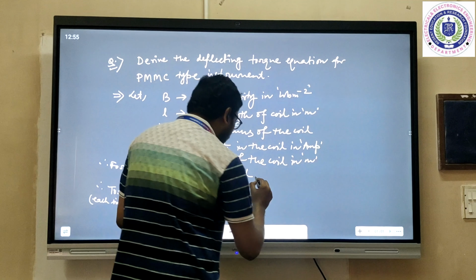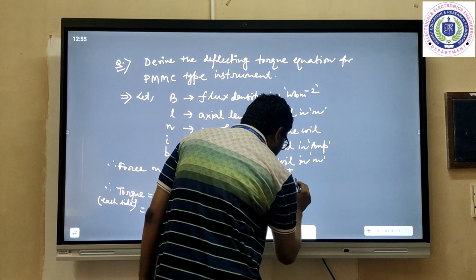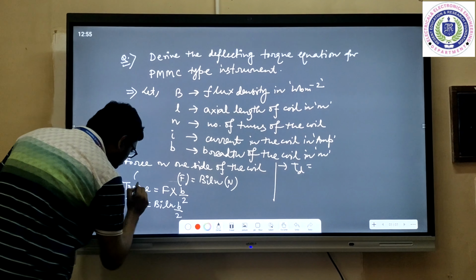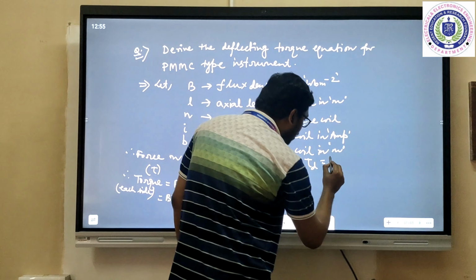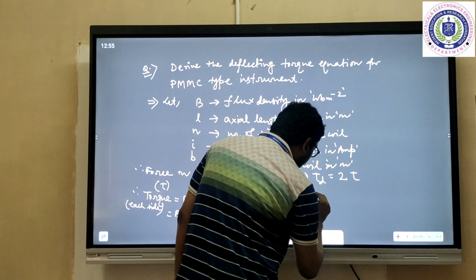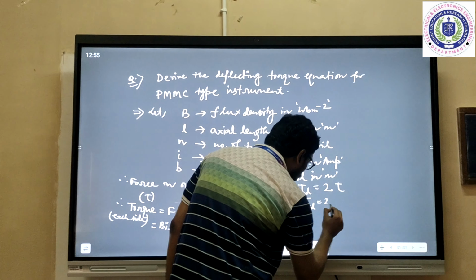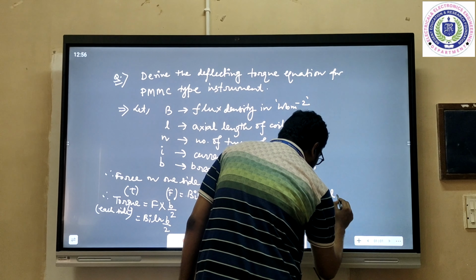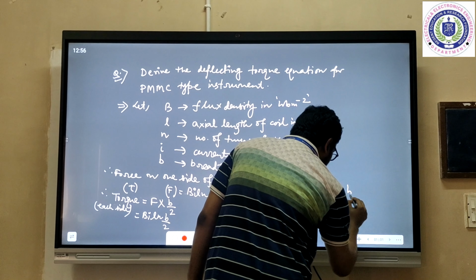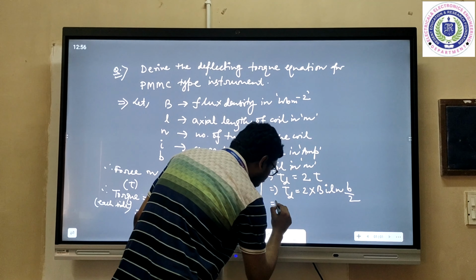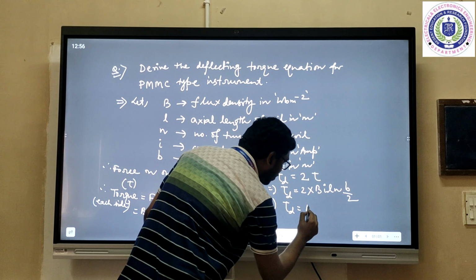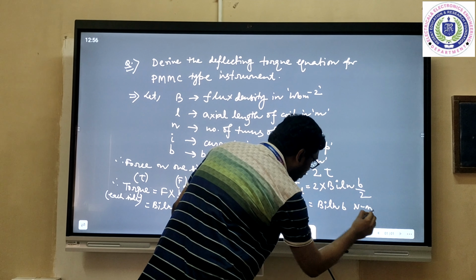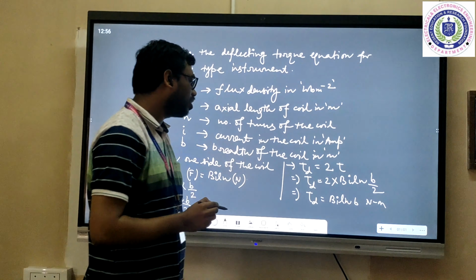So finally, the deflecting torque, that is under both sides, tau d is twice of tau, which will be equal to 2 into B I L N b by 2. So tau d is equal to B I L N b Newton meter. That is the deflecting torque.